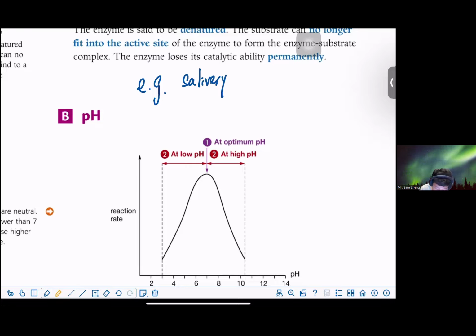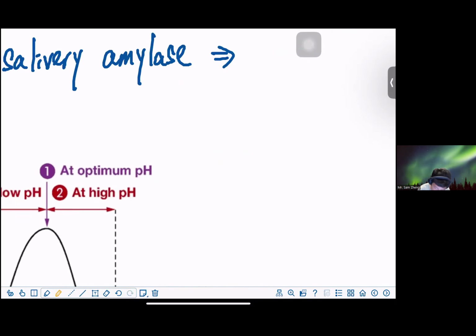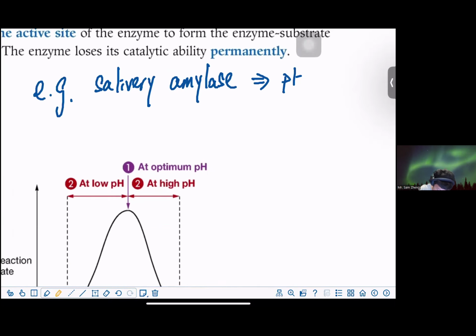If it is salivary amylase, we notice that the pH environment that is suitable for this type of enzyme to work the best, at a higher speed, would be pH 7, meaning the neutral environment.